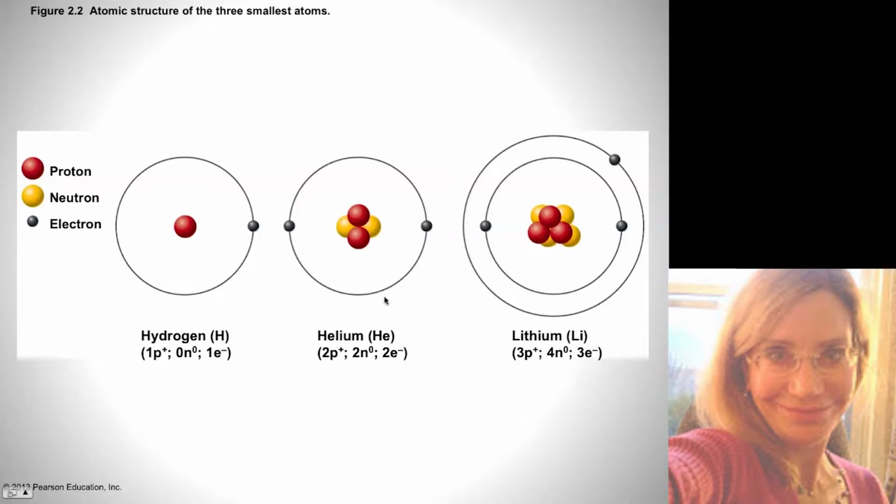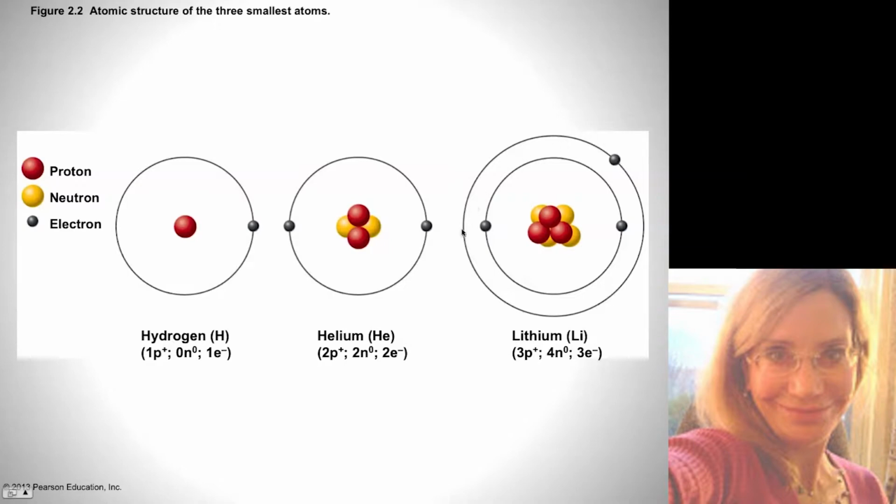We're going to be talking about these electron shells too. This is the first shell, and it can hold up to 2 electrons. Now we have the third element. This is lithium, and its atomic number is 3. There are 3 protons in the atomic nucleus. It typically has 4 neutrons, and in the neutral state, we see it has 1, 2, 3 electrons.